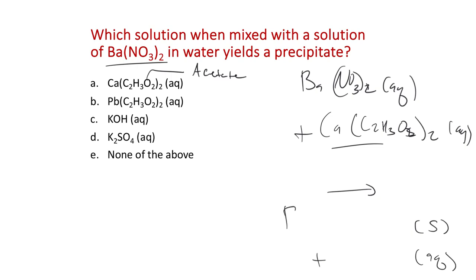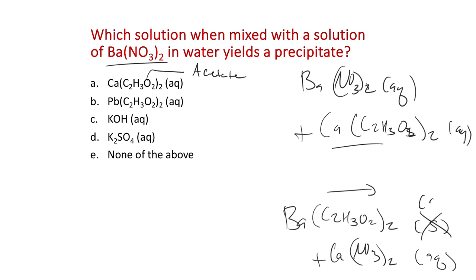So if I imagine switching out the ions, trying to form barium acetate, then trying to form calcium nitrate, this is not a solid. This is an aq because it's water soluble. So when I go with answer A, I get water soluble plus water soluble. No net change occurs when we mix calcium acetate with barium nitrate.